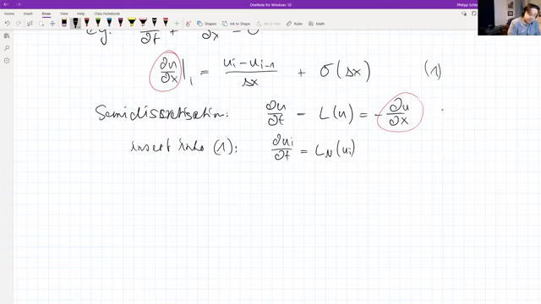So we just need to discretize this L operator, or this du dx, and that of course is exactly the finite difference scheme.